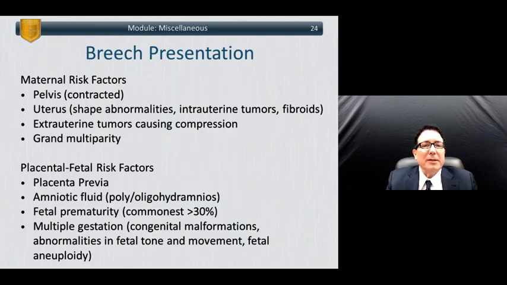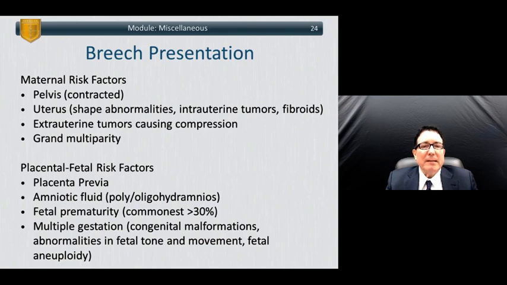Maternal risk factors: contracted pelvis, uterine shape abnormalities or other situations like tumors causing compression, extrauterine, patients on their 5th, 6th, 7th pregnancy.